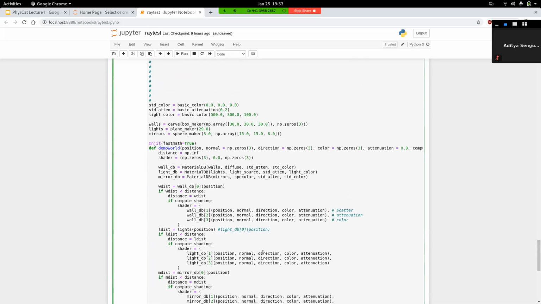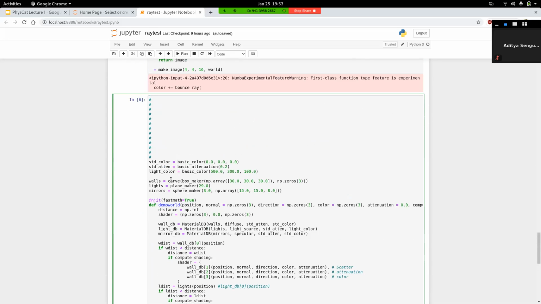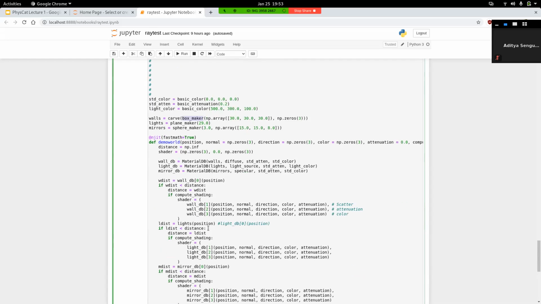I also wrote some functions to compose multiple objects. For example, we have a box here, but when you make a room, you don't want a solid cube. You want basically a solid world with a box subtracted from it. So I wrote a function, carve, which takes a box and subtracts it from the world.